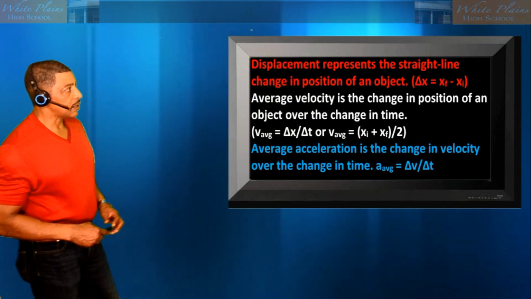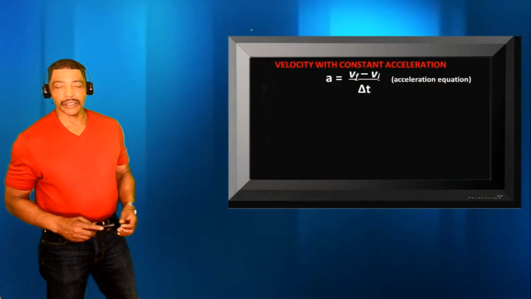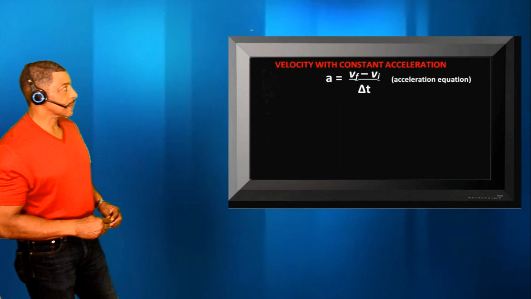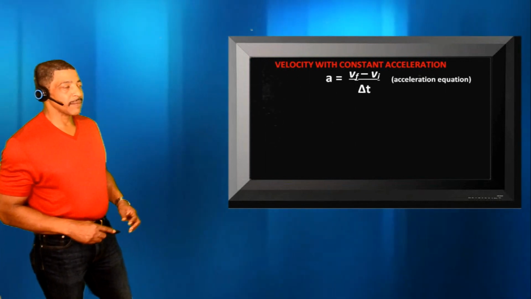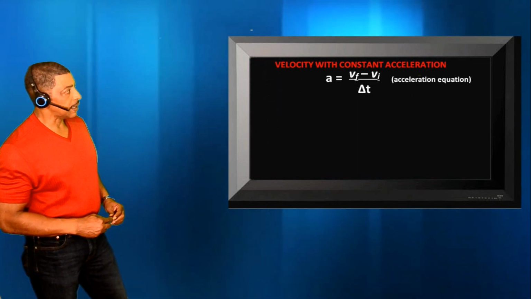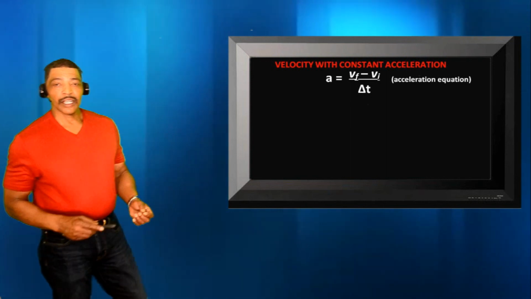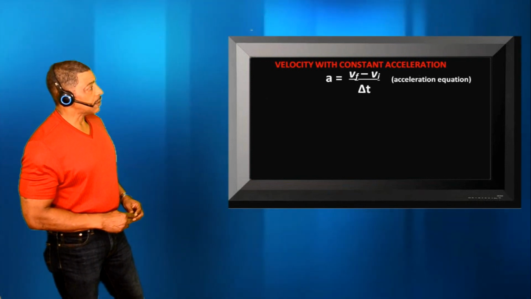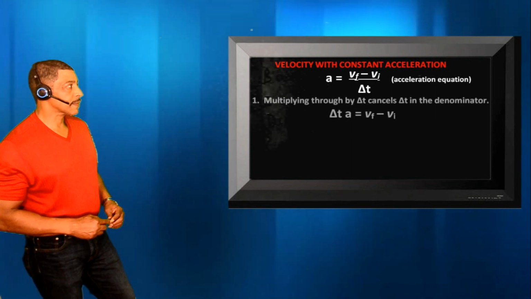Let's use the equation for acceleration to generate an equation for final velocity. Acceleration is equal to v sub f minus v sub i divided by t sub f minus t sub i, or acceleration is equal to v sub f minus v sub i divided by delta t.